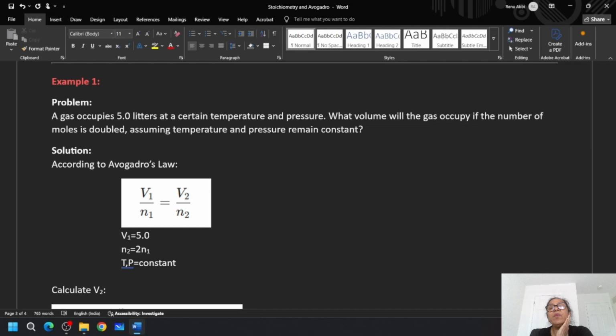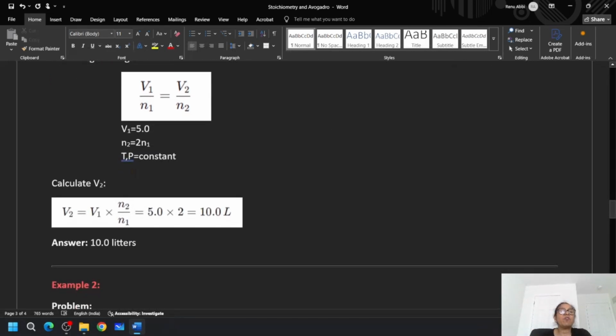What volume will the gas occupy if the number of moles is doubled? n2 is the second mole, meaning the final number of moles, which is doubled, so it is equal to 2n1. Temperature and pressure are kept constant. So the formula becomes V1 upon n1 is equal to V2 upon n2.